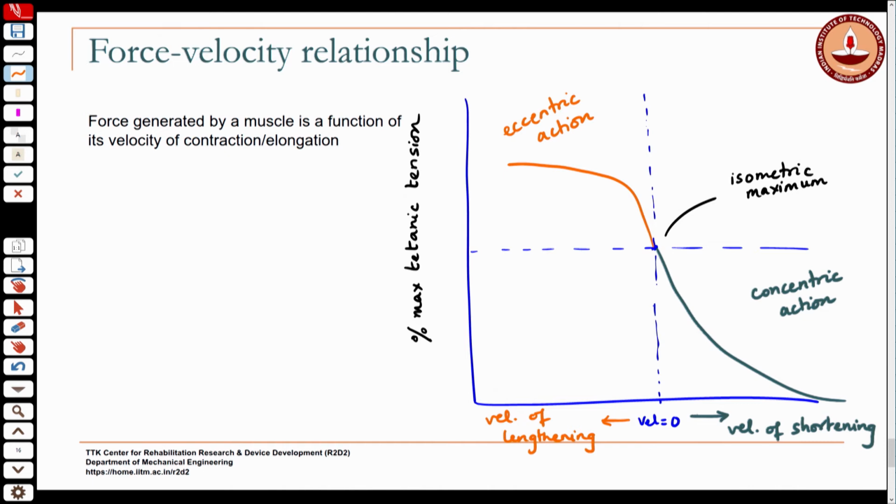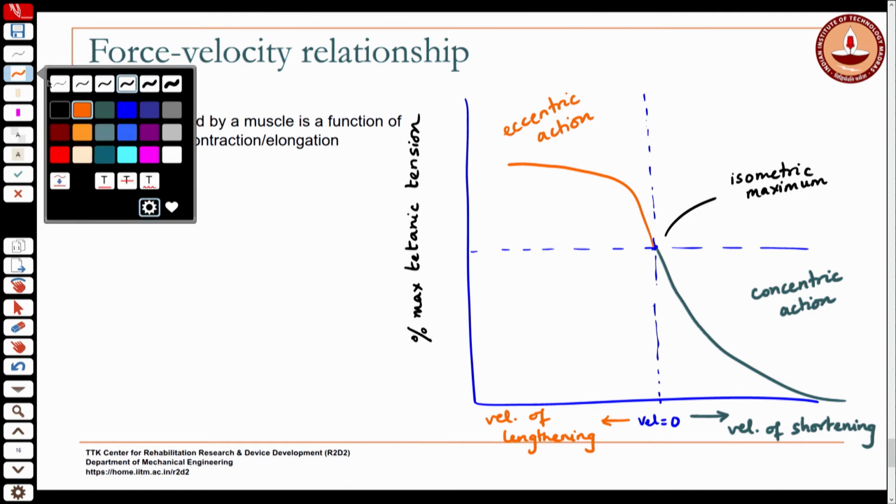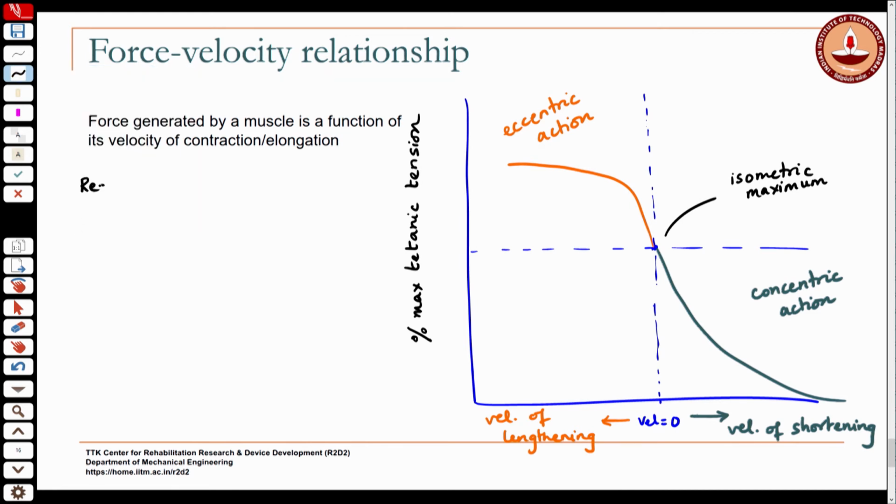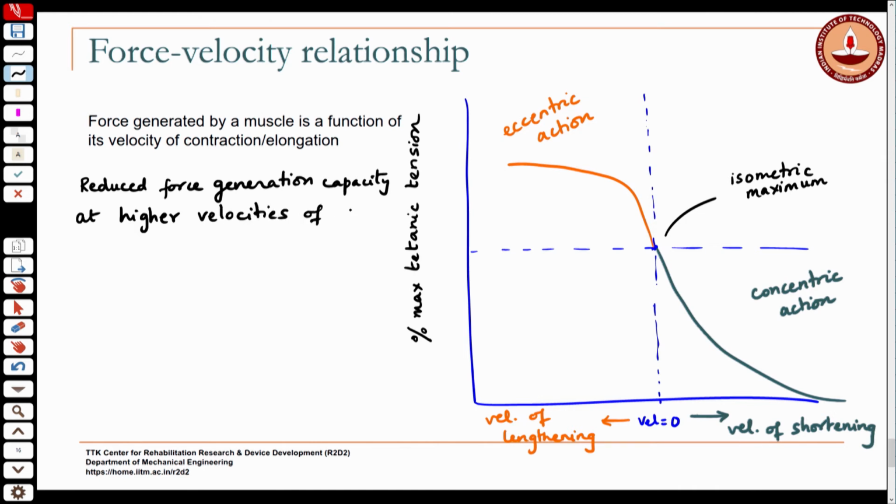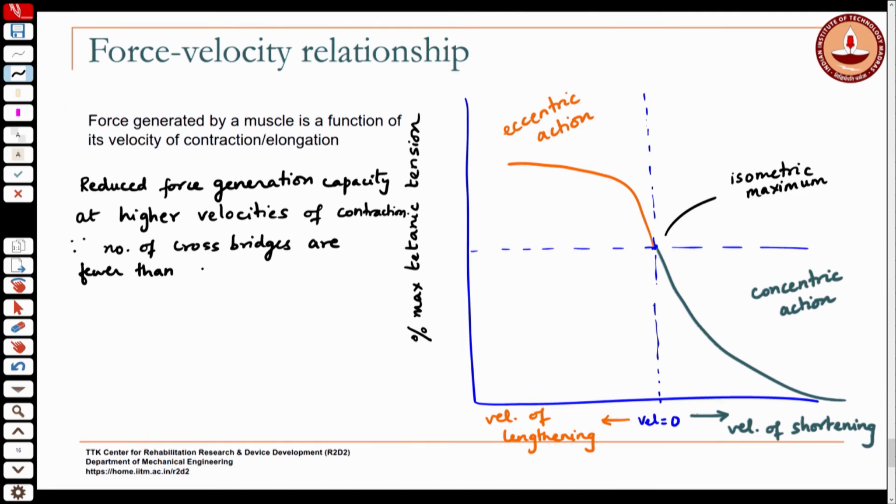So you have reduced force generation capacity at higher velocities of contraction, because the number of cross bridges is fewer than when the muscle is contracting slowly.